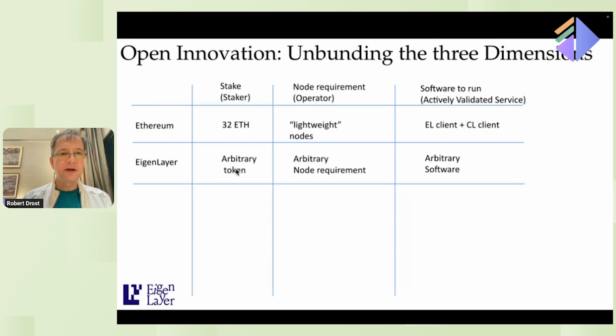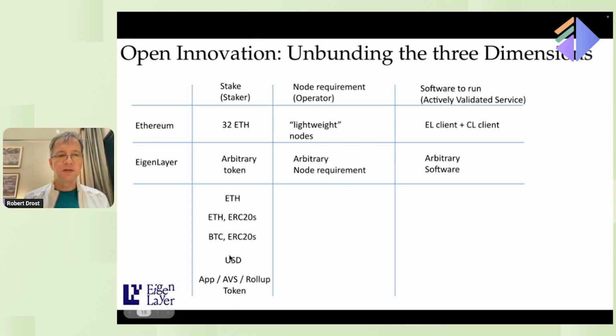In EigenLayer, instead of having a set amount or a lot of stake of one token, the stake in the shared security is any token, any ERC20, any ETH, anything that can be bridged into the Ethereum space. The node requirement is arbitrary, I'll say a little about that in a moment, and then the software. So in the tokens, you can see really just anything that we've had in crypto so far.